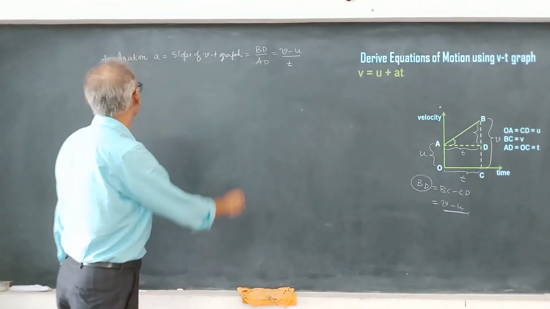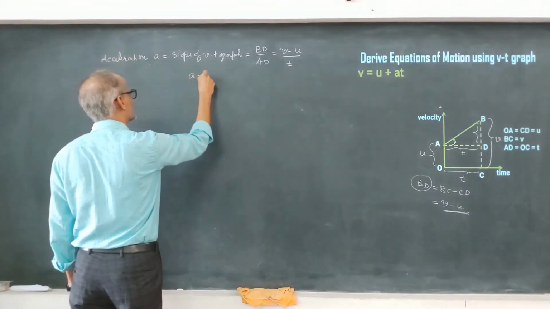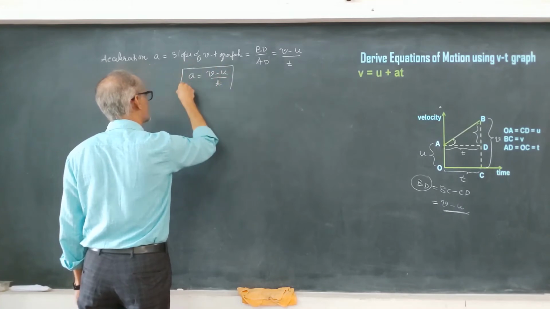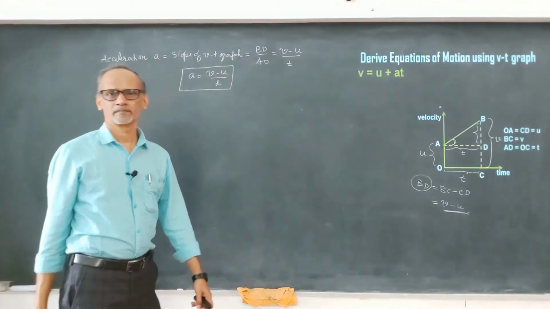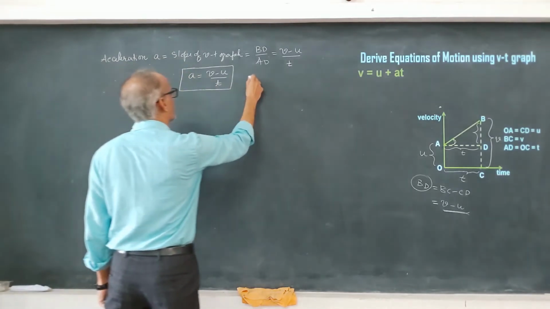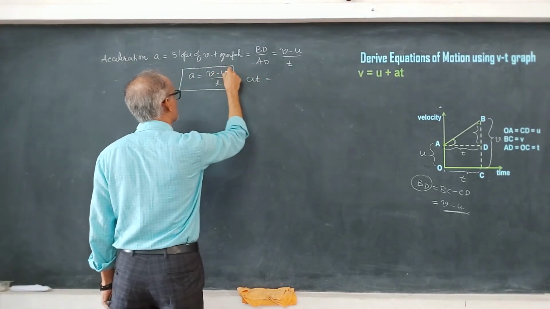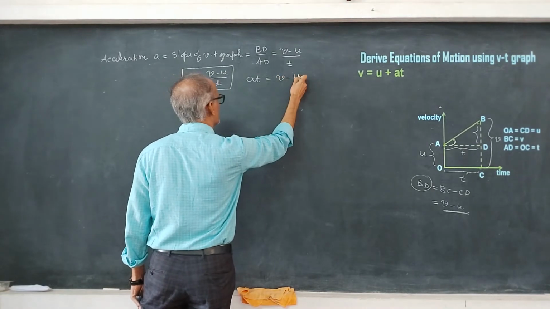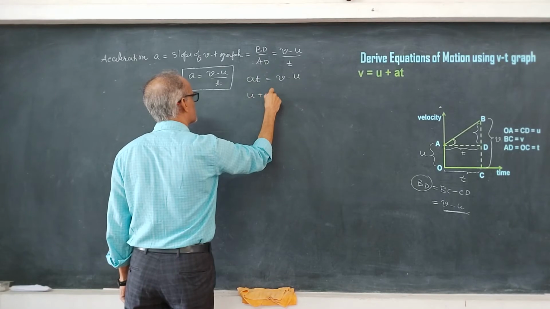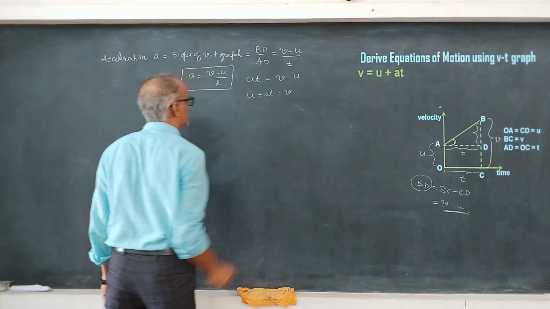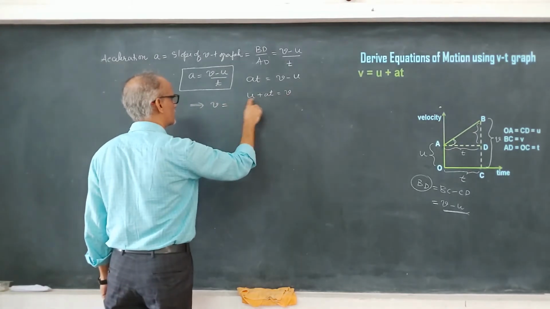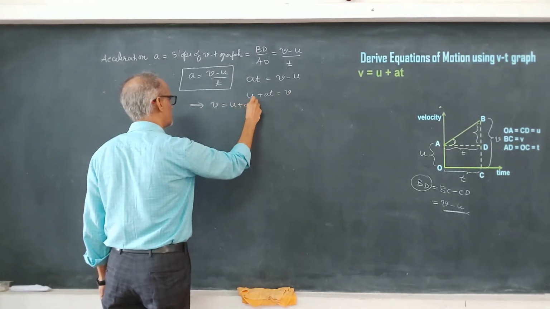So we have found one important relation. Acceleration is equal to change in velocity by time. We know this already. Now let's simplify. Just multiply here. We get at is equal to v minus u. Take this to the other side. You get u plus at is equal to v. So therefore, v is equal to u plus at is the final equation.